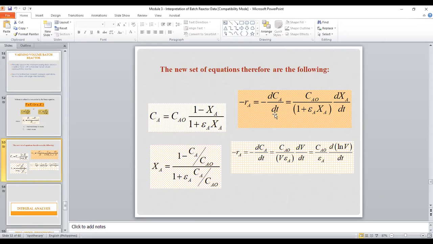So aside from this representation of negative dCA dt in terms of conversion, you have an alternative formula in terms of changes in the volume. So CAO dV over V epsilon A dt. If you're going to ask me, you have actually 5 new formulas to take note of in varying volume batch reactor.